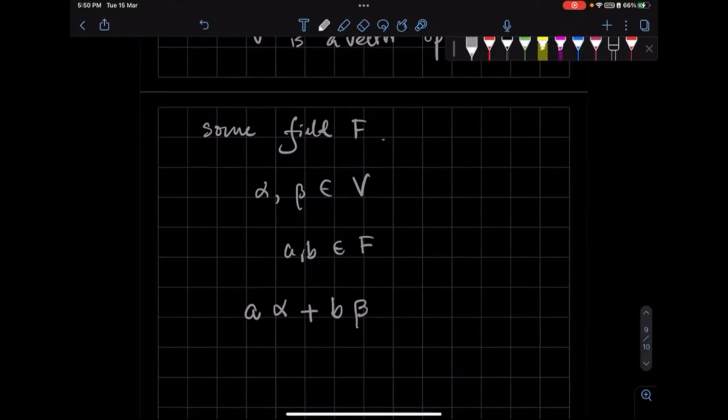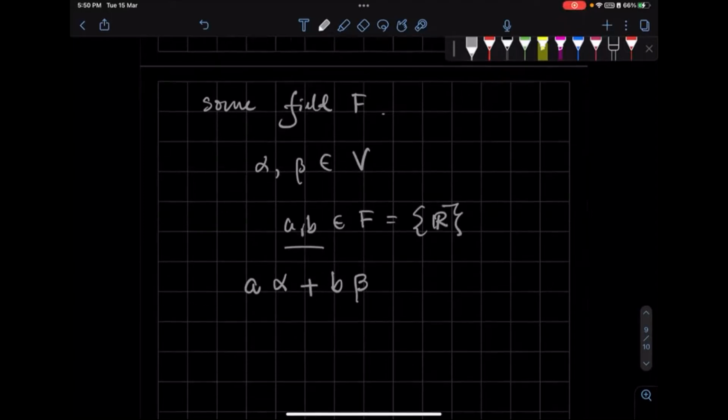So if this F is, say, the real numbers, you cannot take A to be a complex number. So what they're saying is that this field could be just the rational numbers. If this field is just the rational numbers, then the two are isomorphic, right? That's what they say.